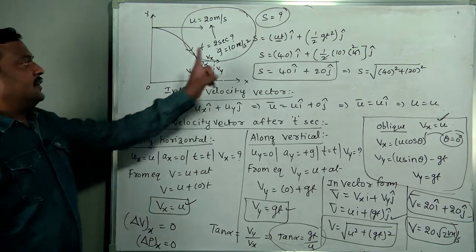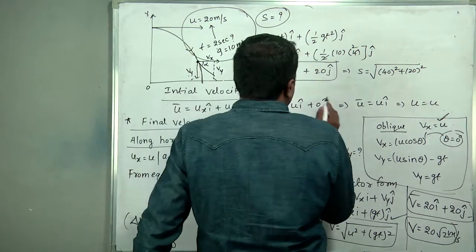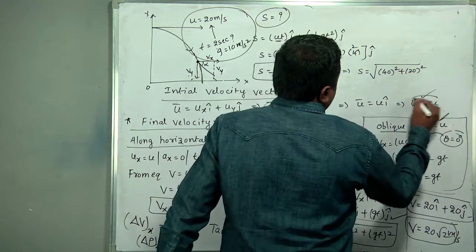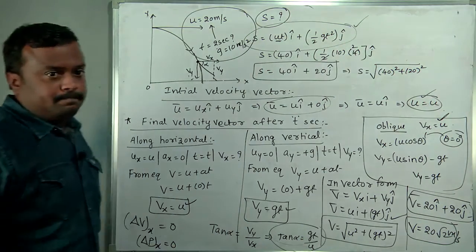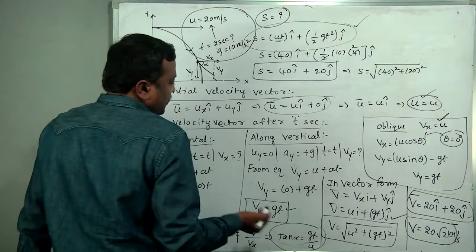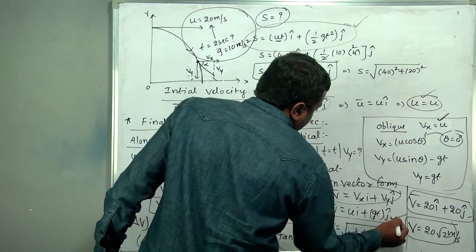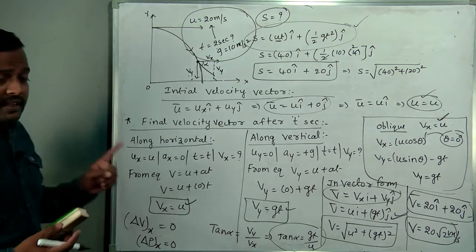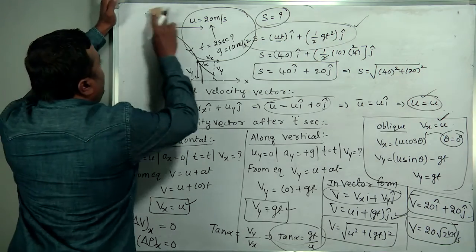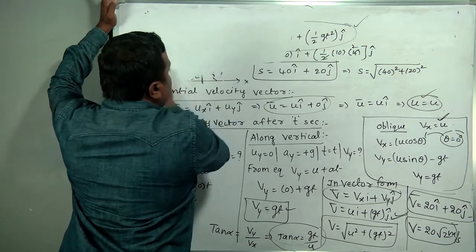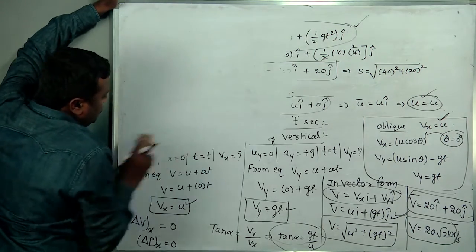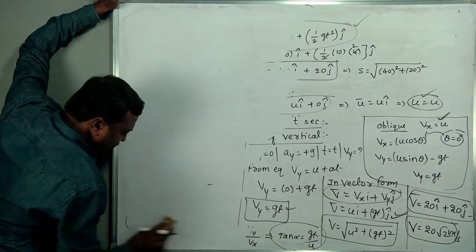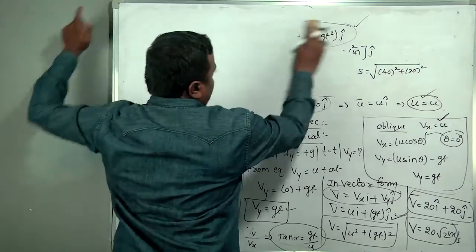Okay, got it. Initial velocity vector, this one, u only. Displacement vector, this one, after time t. Final velocity vector, this one, v bar equal to vx i plus vy j. Here the important points to remember: along horizontal, its velocity will not change. In oblique projectile also, we concluded the same point.